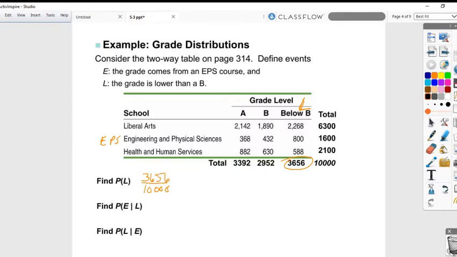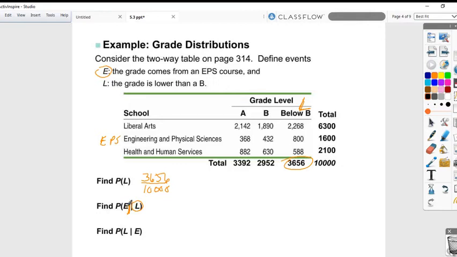Simple probability. Now this says find the probability that it comes from English and physical sciences, given that the grade was lower than a B. So basically what this is saying is, out of all the people that got lower than a B, how many of them were in English and physical sciences?